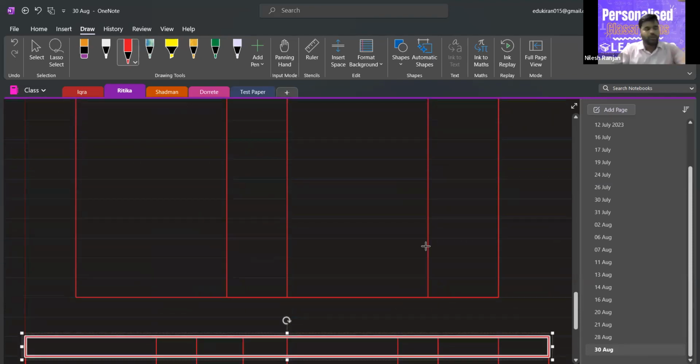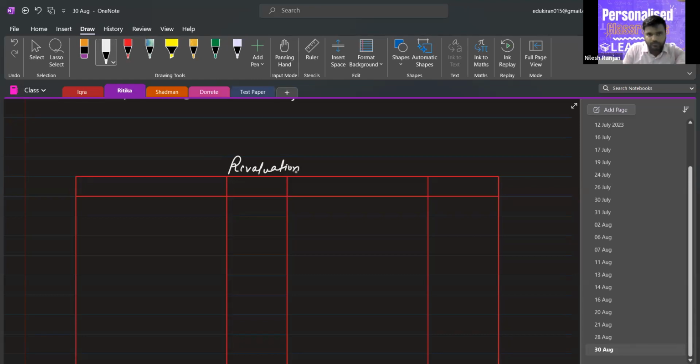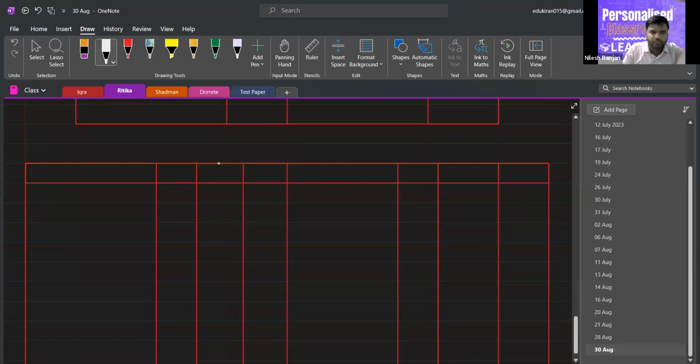So first is the revaluation account, and then the partners' capital.